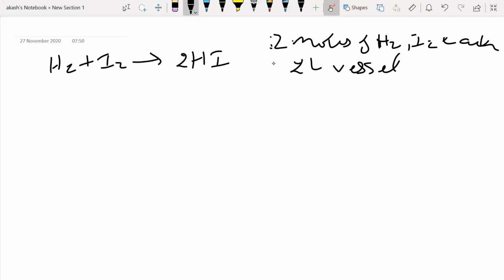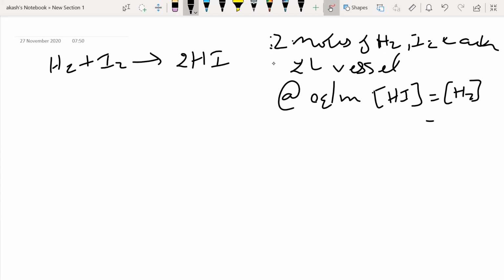And what can I say? So I can say that at equilibrium, the concentration of HI is equal to the concentration of H2, and that is equal to the concentration of I2.